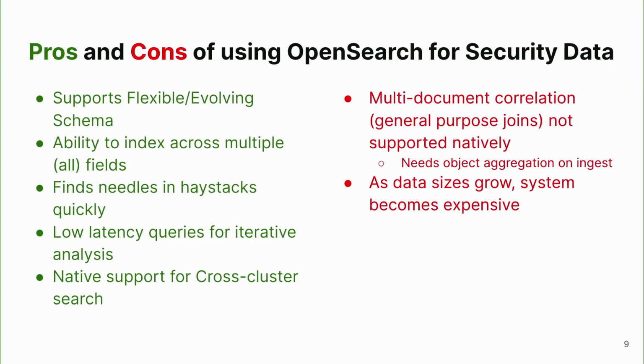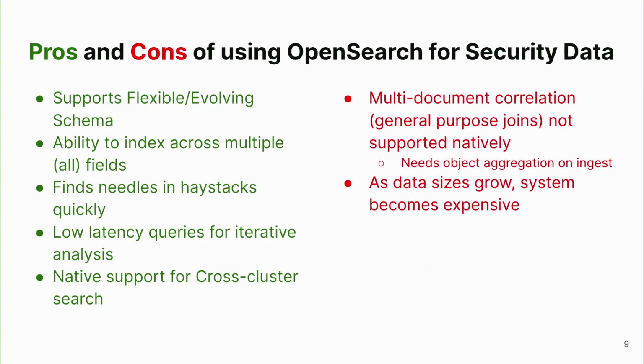Now, the place where OpenSearch has drawbacks, I would just talk about two. First is, as I mentioned, correlation is important, being able to bring data together that did not start out originally together, right? So you have some log coming in, but then you have your CMDB, or configuration management database, saying something about it. You need to be able to correlate across those two.